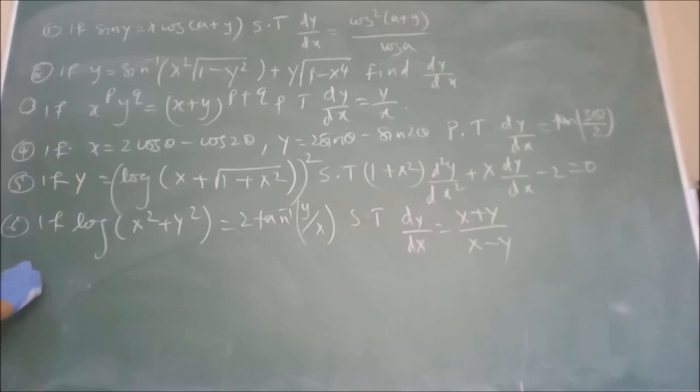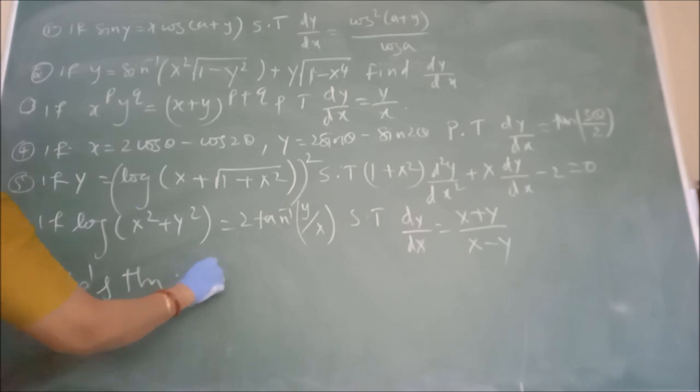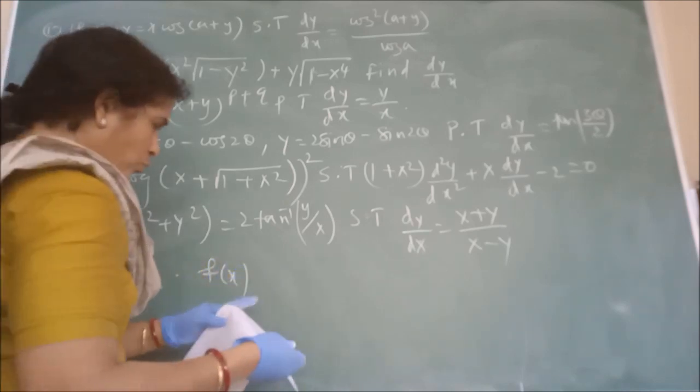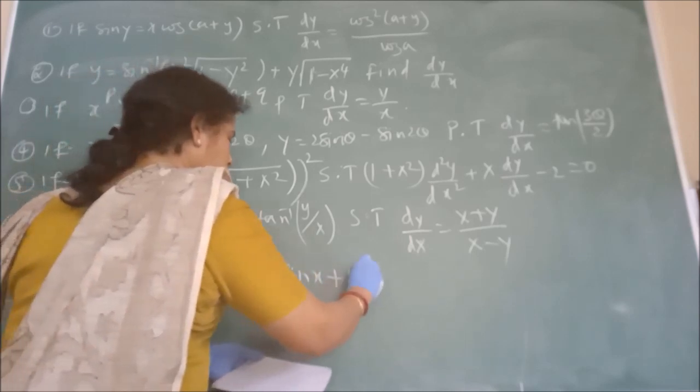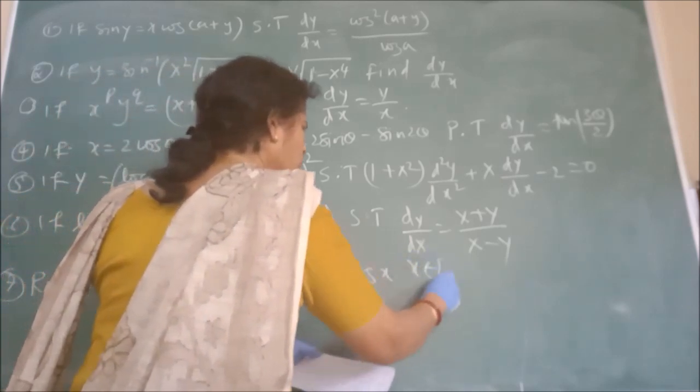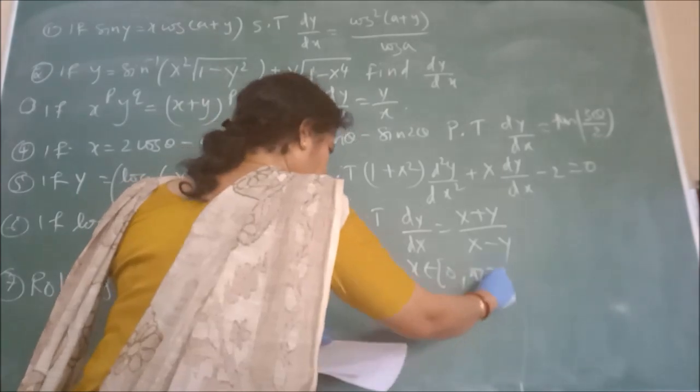Now question number 7. This is Rolle's theorem. You have to verify Rolle's theorem. There are two questions on Rolle's theorem. Part 1: f of x equals sin x plus cos x, x belongs to the closed interval 0 to pi by 2.